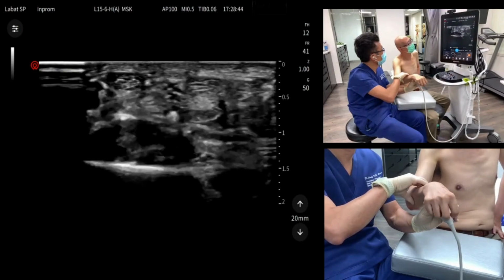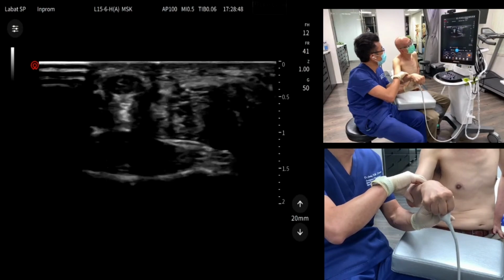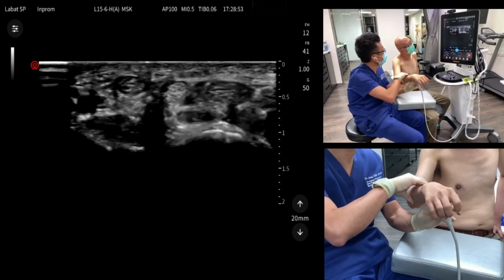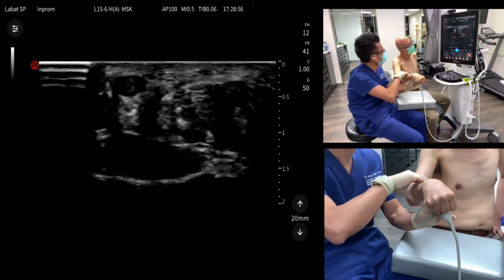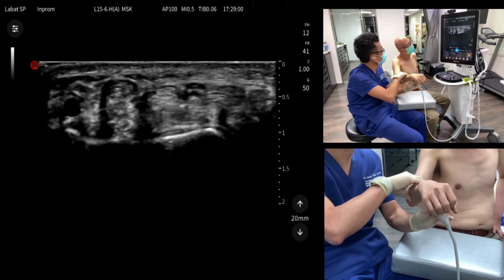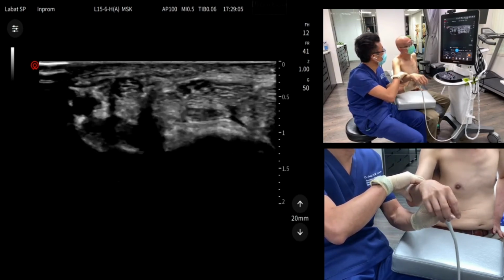Relax. And squeeze again. The median nerve cannot escape from being squeezed. Oh, still having some trouble. So if you keep doing it, I believe, 1 minute or 2 minutes later, you're going to complain numbness.